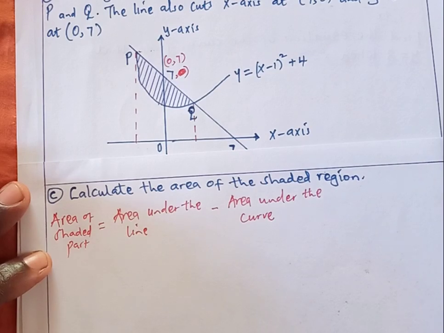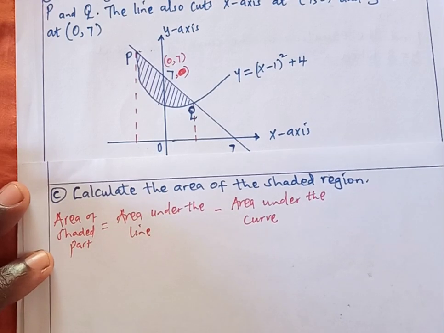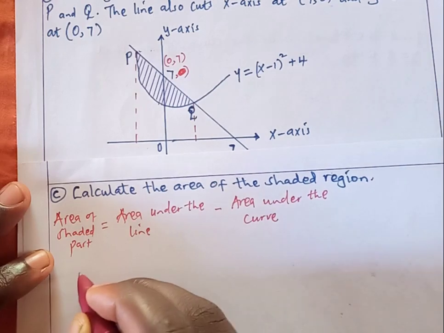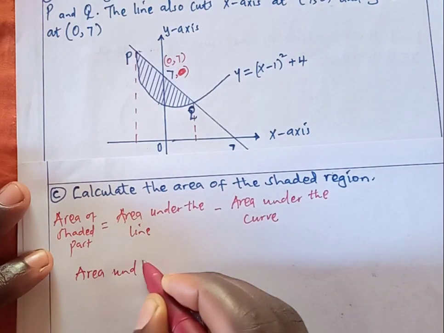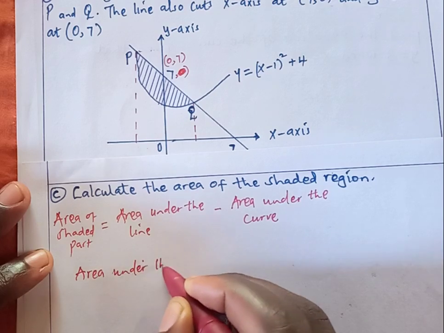Now we are going to get the area. Let's start by finding the area under the line.